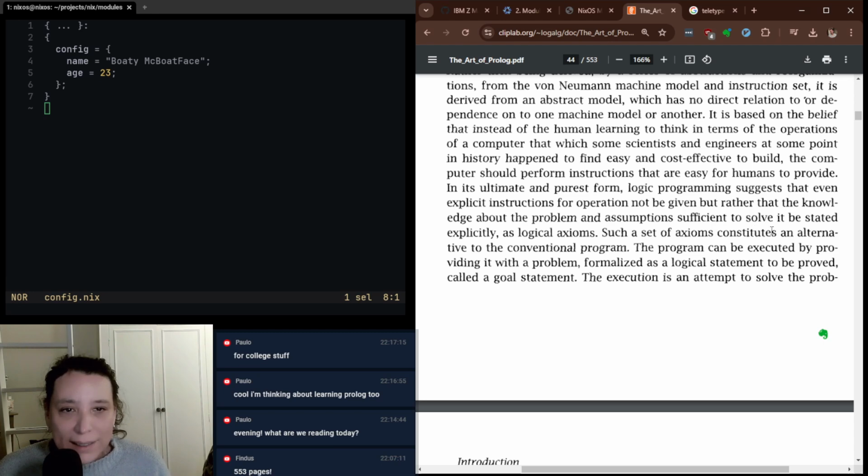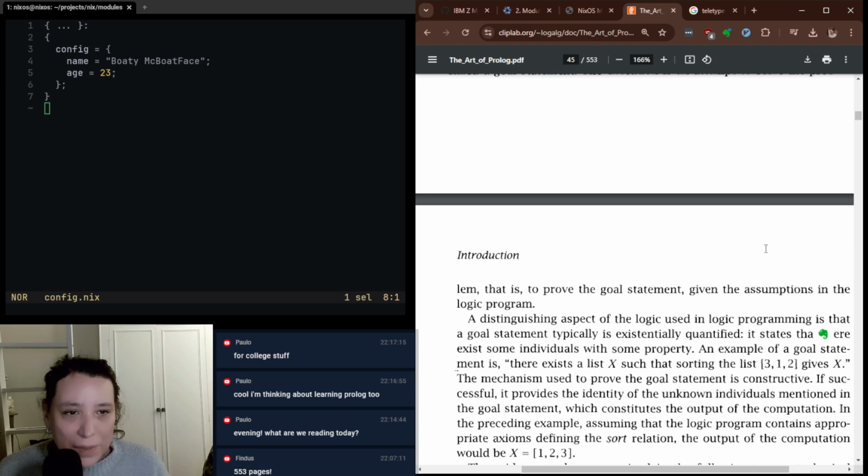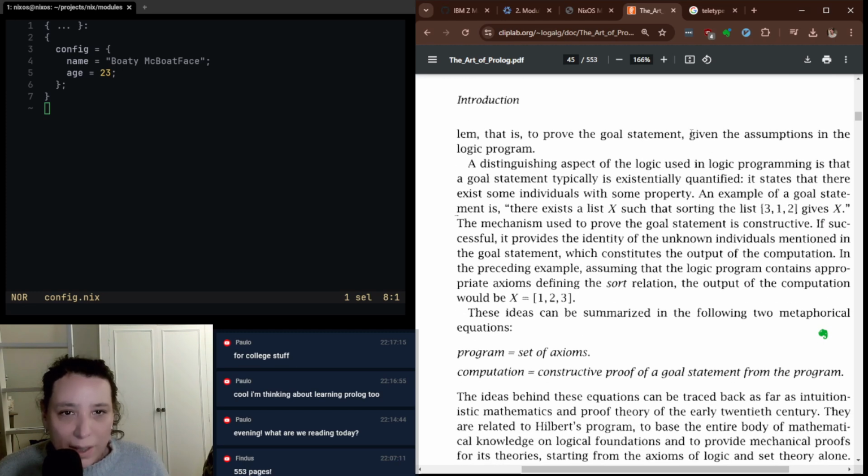Such a set of axioms constitutes an alternative to the conventional program. The program can be executed by providing it with a problem, formalized as a logical statement to be proved, called a goal statement. The execution is an attempt to solve the problem, that is, to prove the goal statement, given the assumptions in the logic program.